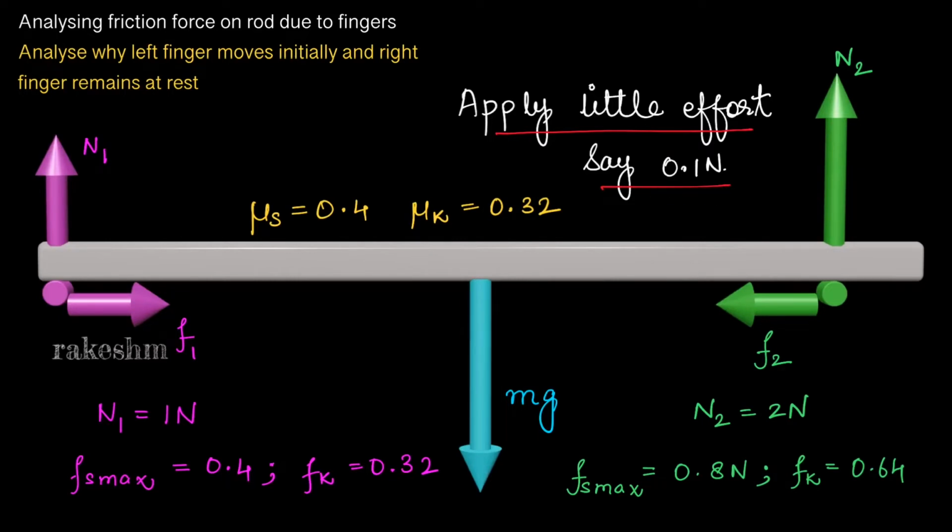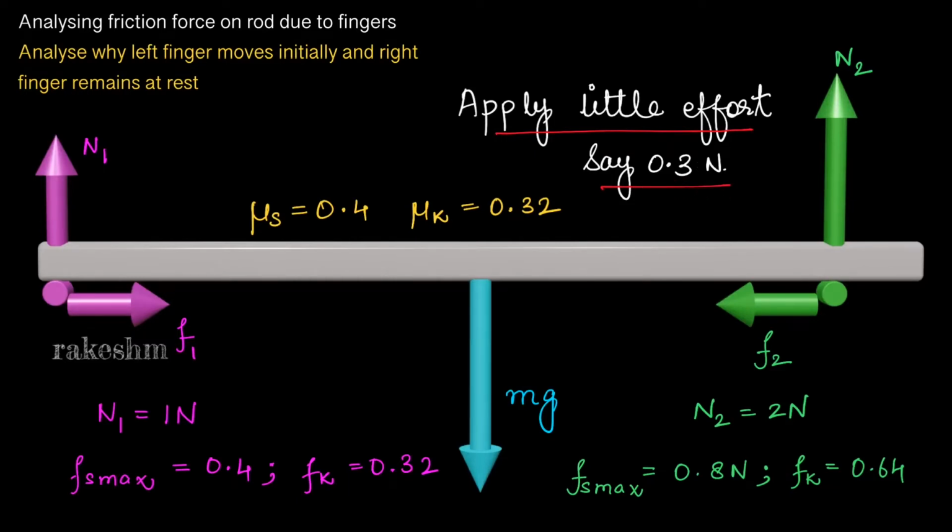Now, as Fs max for the left finger is 0.4 and you have applied 0.1 Newton, this left finger will not move. Coming to the right finger, you have applied 0.1 Newton here, the maximum value of static friction is 0.8, and this will also not move. Next, say you increase the force on your fingers to 0.3 Newton.